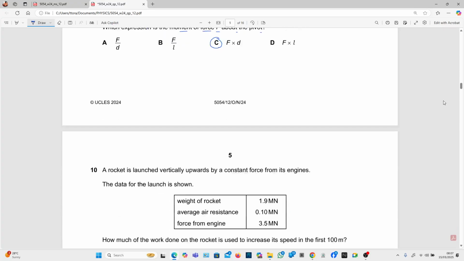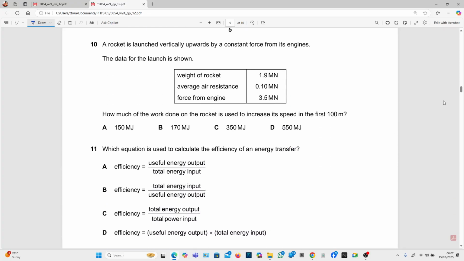Now for the next question, question number 10. A rocket is launched vertically upwards by a constant force from its engine. All the force is coming from here, the engine. Now how much work done? Remember, work done is equal to the force, the net force I would say, multiplied by the distance that it's traveled.